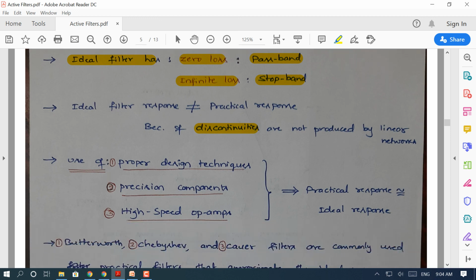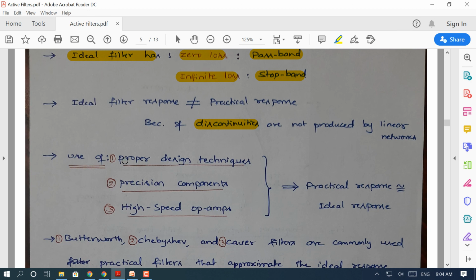Okay, so in order to make the ideal filter response equal to the practical filter response, certain methods can be followed here. Use of proper design techniques is one method to make the ideal response approximately the same as the practical response. The second thing is use of precision components, accurate components, exact components, the components which have high performance.